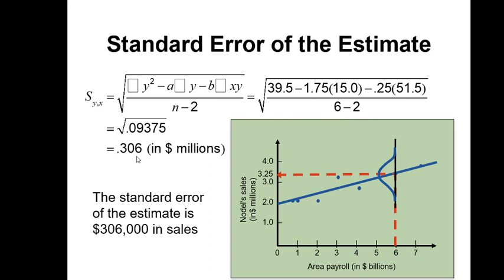Sometimes we call it the SEE, and sometimes they call it SXY, but it's the same. The SEE will be 306 thousandths, 306,000. This means that our sales estimate for next year, if we go back to our number, will be 3 million 250,000 plus or minus 306,000.